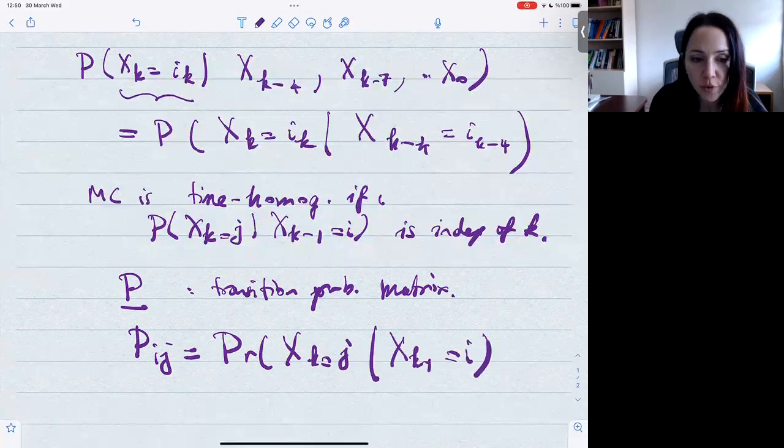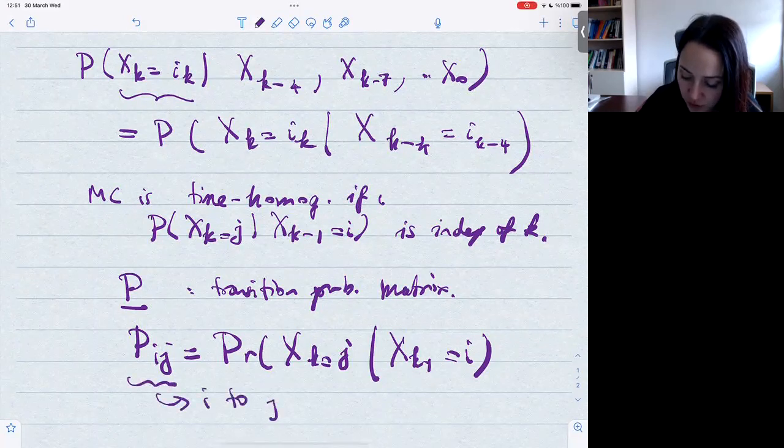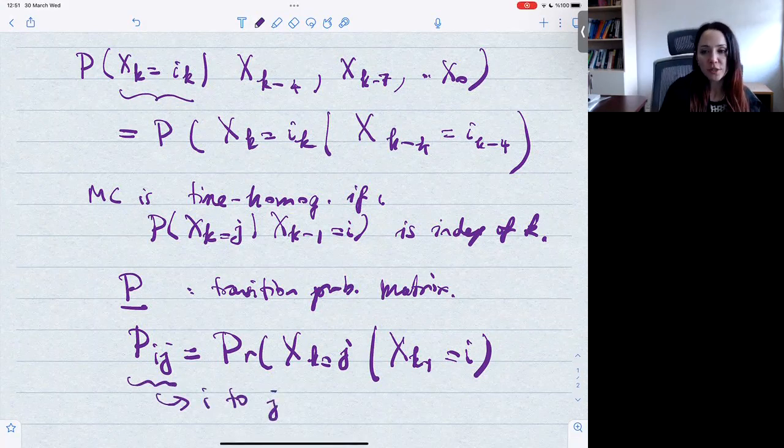So it is the matrix of the probabilities of going from state i to state j. In a time homogeneous Markov chain, the probability of going from i to j does not depend on when we do this transition. It does not depend on the time index k. So a time homogeneous Markov chain is entirely characterized by this constant set of values, the matrix of values P_ij.